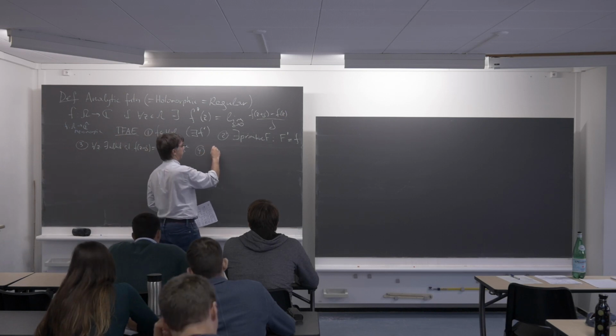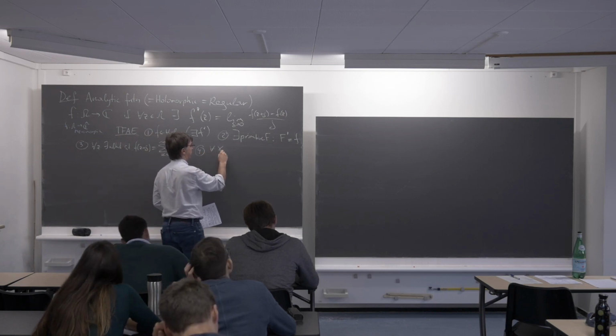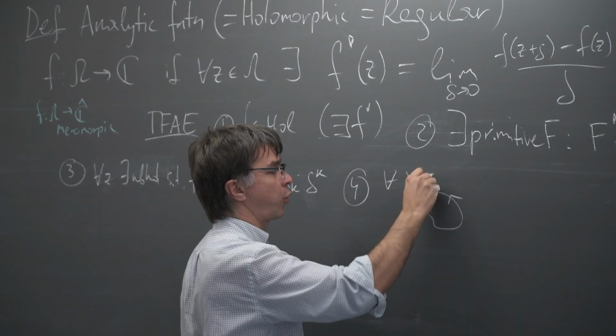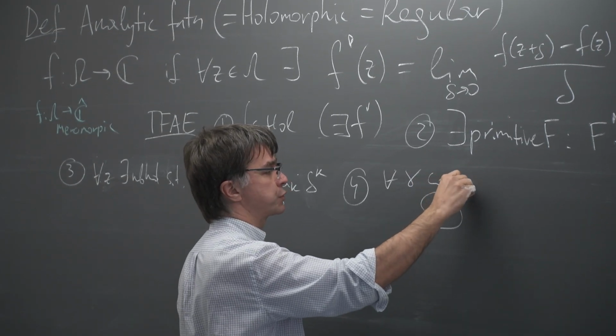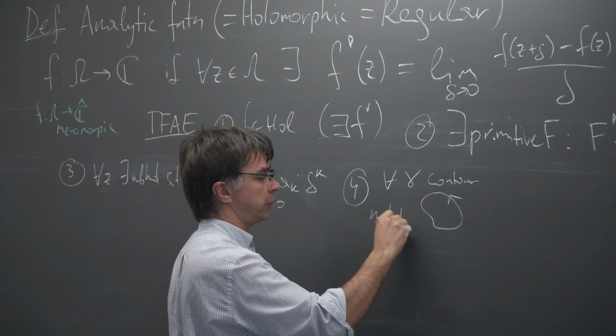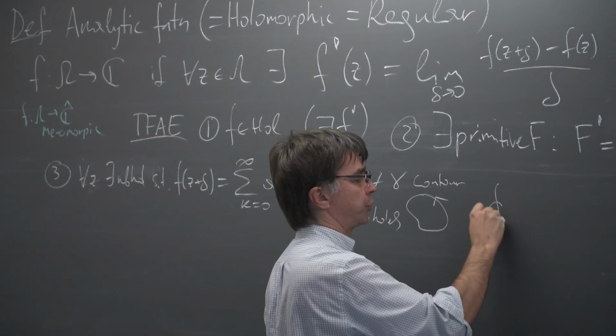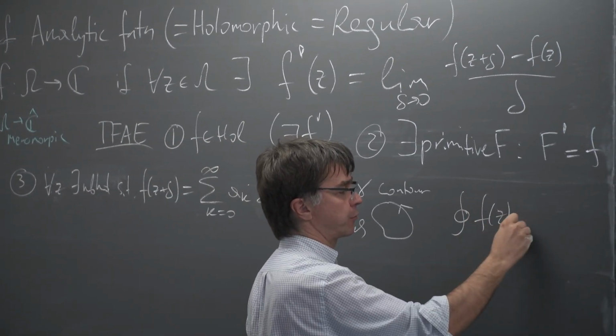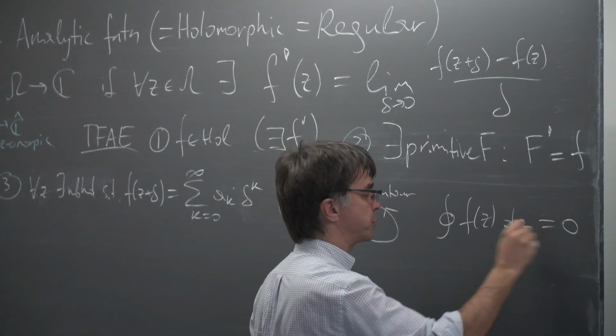Or, for every gamma, which is a contour with no holes, the contour integral of f of z dz along gamma is equal to 0.